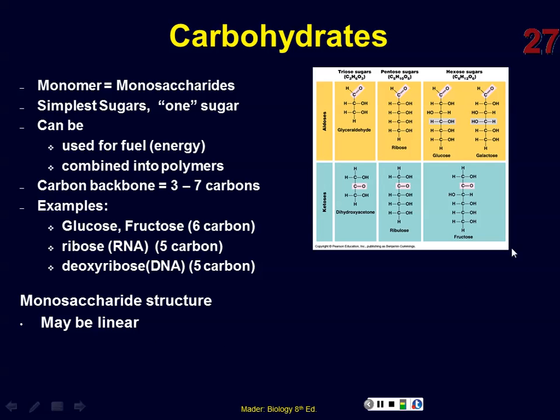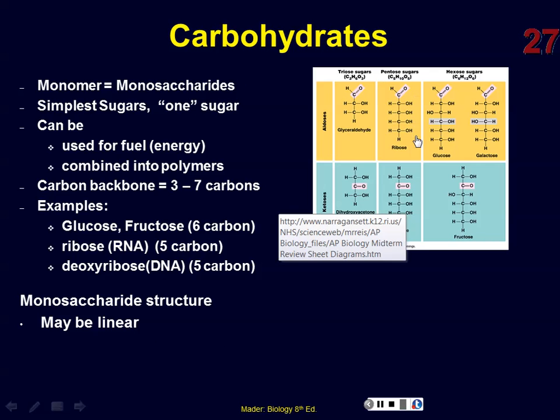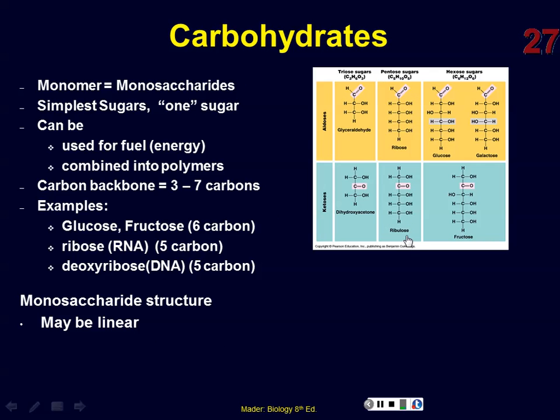This is showing you the arrangement of the atoms in these different sugars. These are triose sugars. They have 3 carbons. These are pentose sugars. There's ribose and there's ribulose. These are 5-carbon sugars. These are hexose sugars. That means they have 6 carbons. So there's glucose, there's fructose, there's galactose. Those are all 6-carbon sugars.